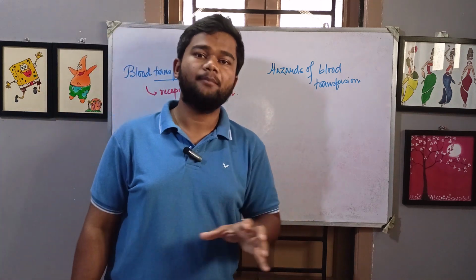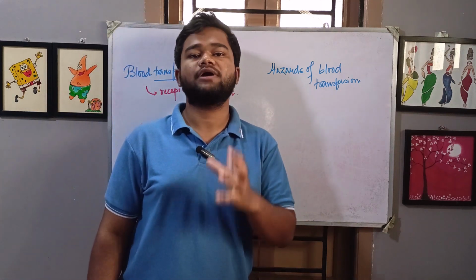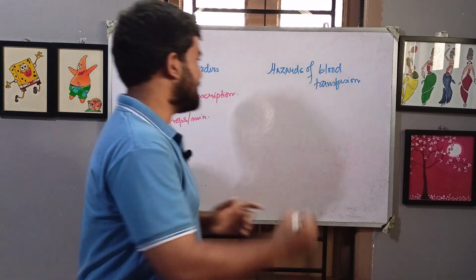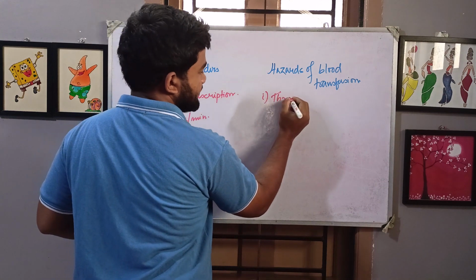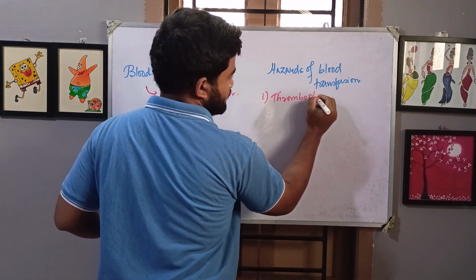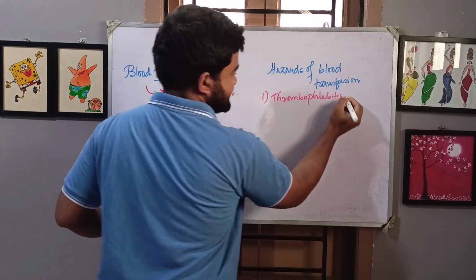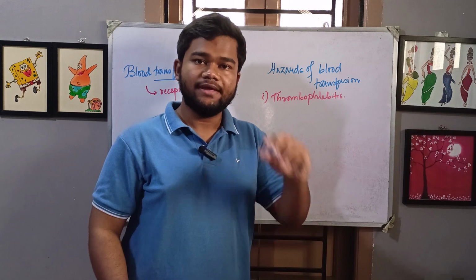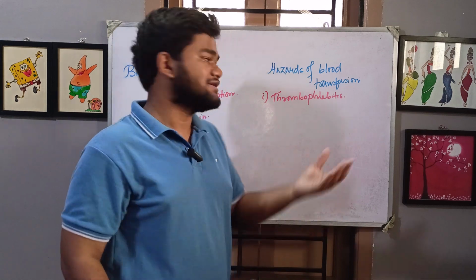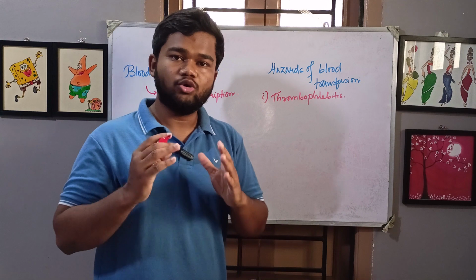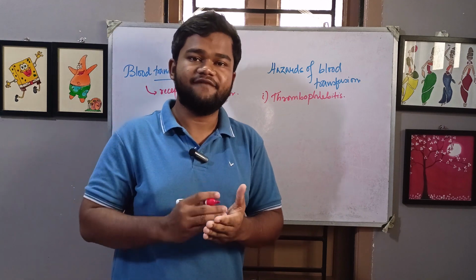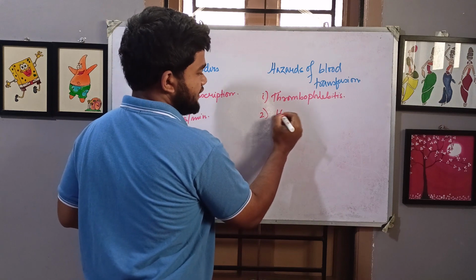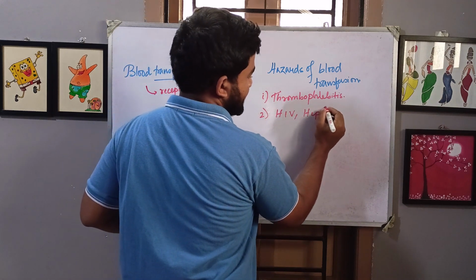Now, repeated blood transfusions result in some complications and hazardous implications in the recipient. For example, thrombophlebitis. The vein which is usually used for blood transfusion becomes swollen due to repeated transfusion, and that is termed thrombophlebitis. Due to some negligence, there might be infections caused by HIV and HB, that is hepatitis B virus, which might result in further complications.